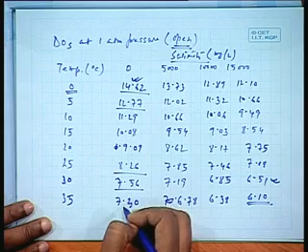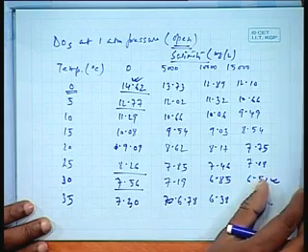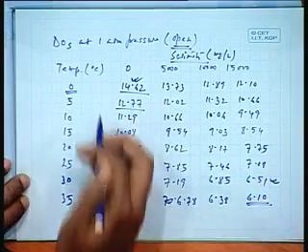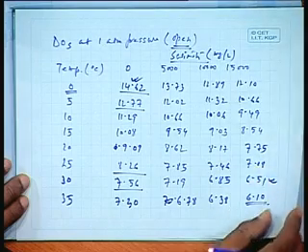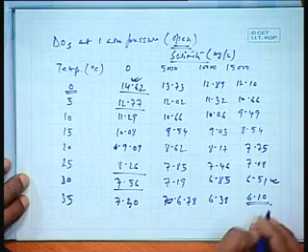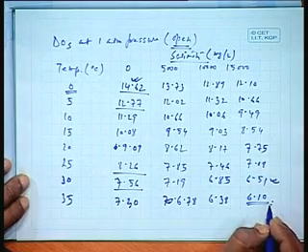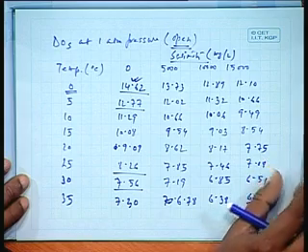Isn't it? The deficit essentially increases with temperature. So this particular plot and table are of great importance, because in many situations you would require this.